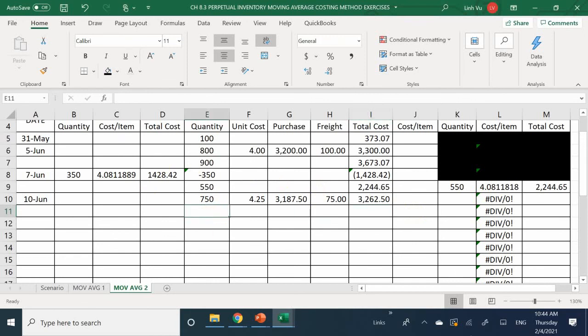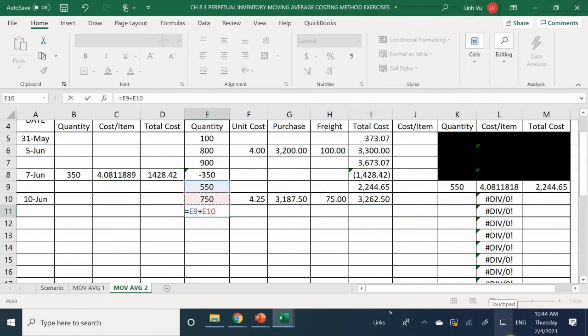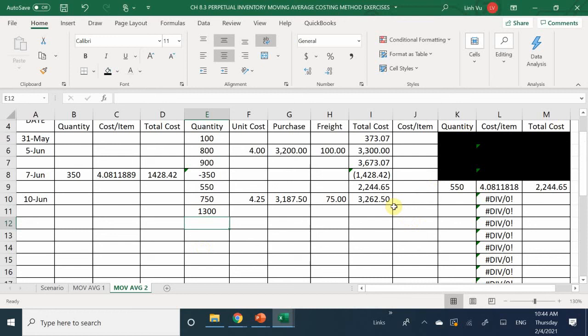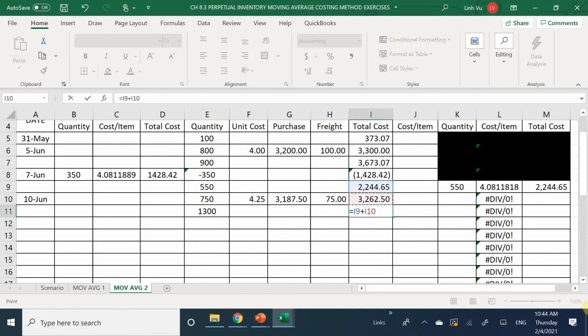So now I entered this information in. Now I can add up my total quantities. So what is my total quantity going to be here? 1,300. Good. And what's my total cost going to be now? $5,507.50.